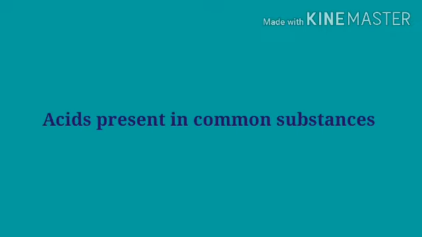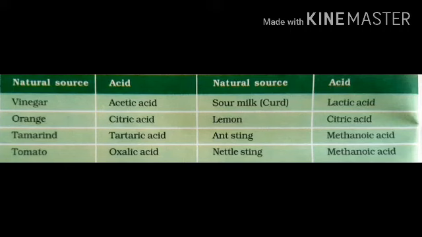Now let us discuss some of the acids present in common substances that we see around us in our daily life. Vinegar contains acetic acid. Orange contains citric acid. Tamarind contains tartaric acid.